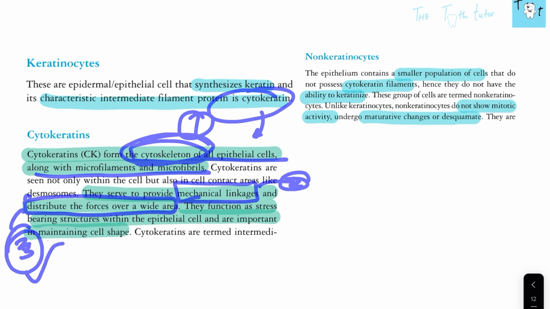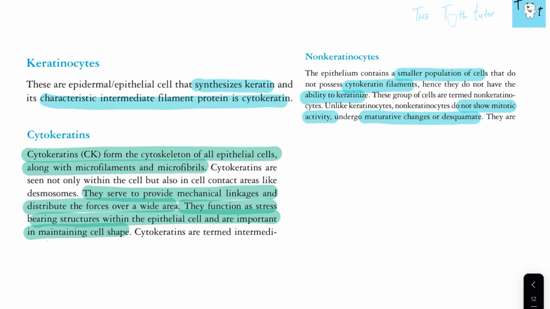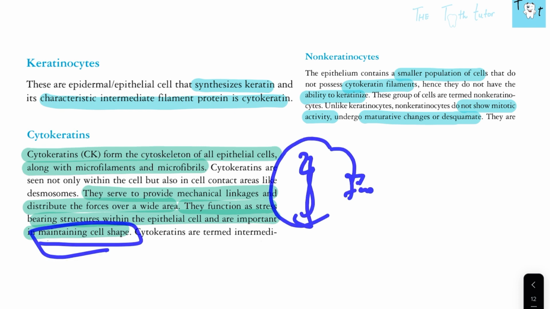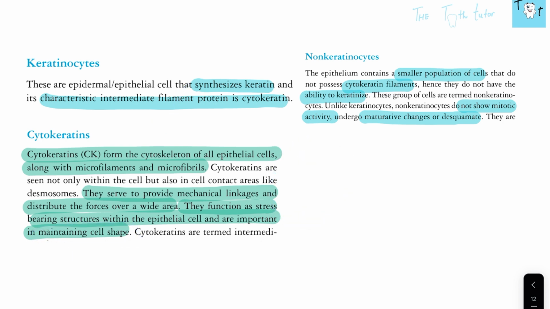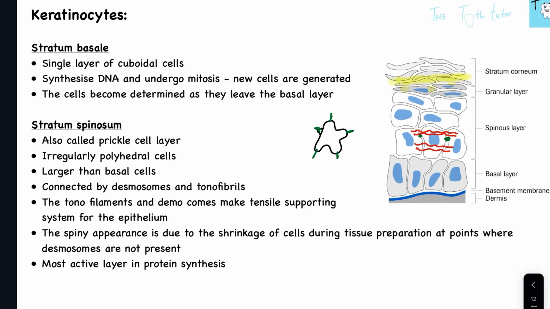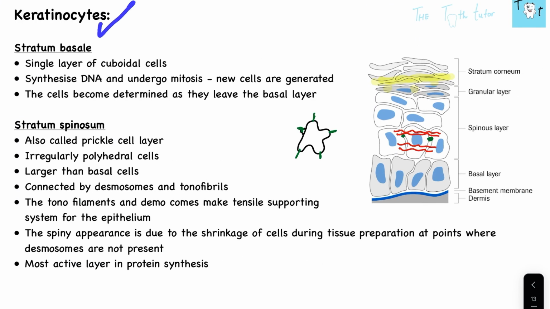This is the function of cytokeratin, and it helps in maintaining cell shape. The main thing is that it is present only in the keratinocytes. It is absent in the non-keratinocytes. So remember that.